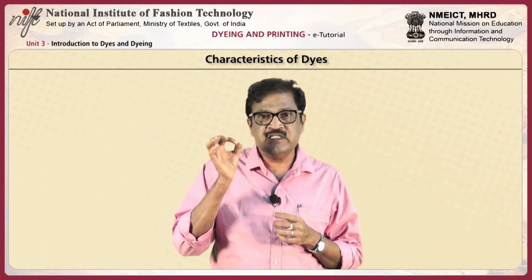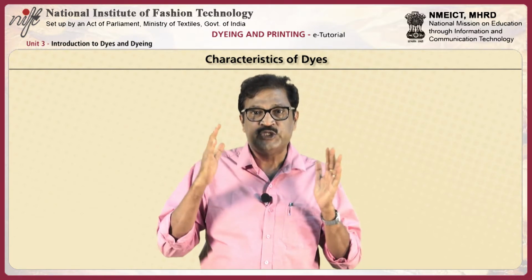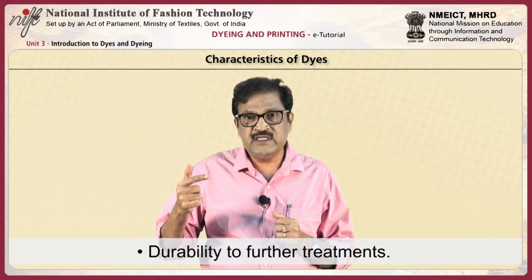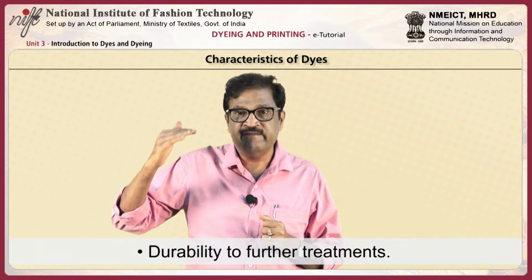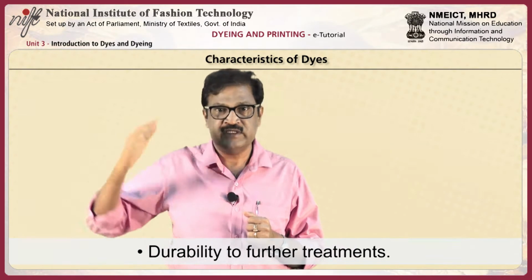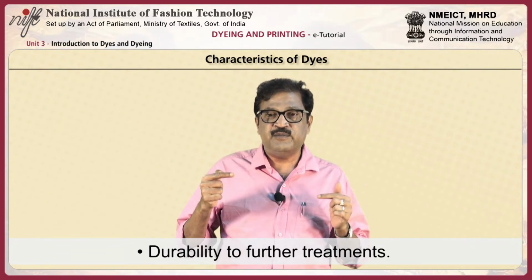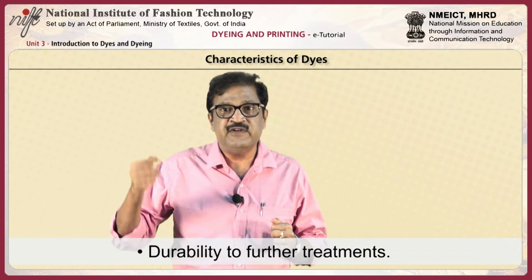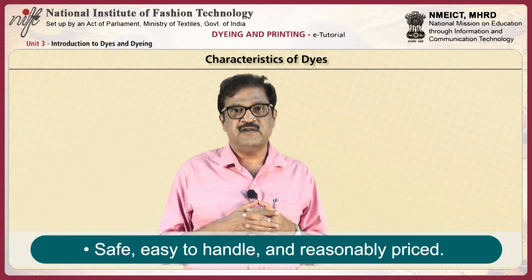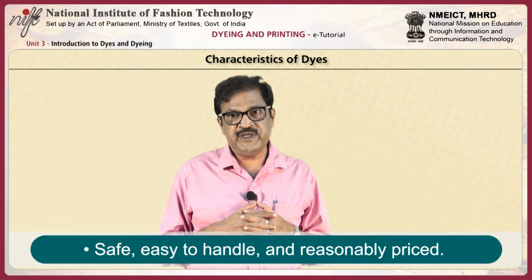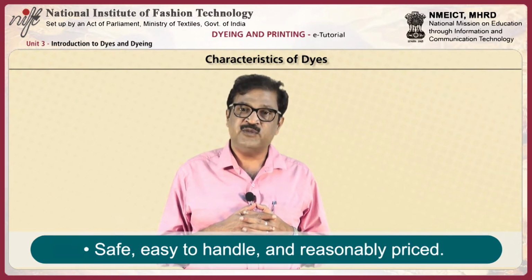If that color fastness property of the dye is strong, that produces required durability in various wet treatment processes like washing, which is a regular process during the usage of textile products. Fifth, the dye should be safe, easy to handle and reasonably priced.